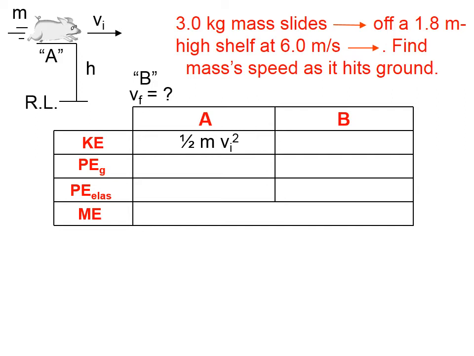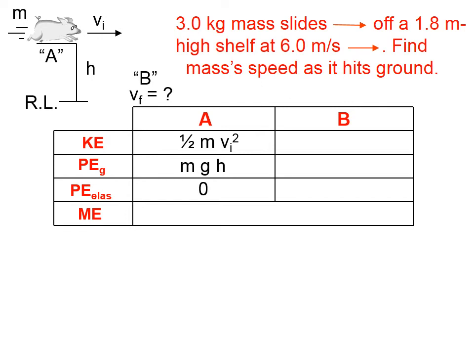Incidentally, we're going to do this problem twice in this lesson: once using variables, and a second time by just plugging the numbers in. The pig also has gravitational potential energy when he's up here in snapshot A, because he has a mass, there is an acceleration due to gravity, and he is a height h above the reference line. We don't have any springs, so that term is 0.